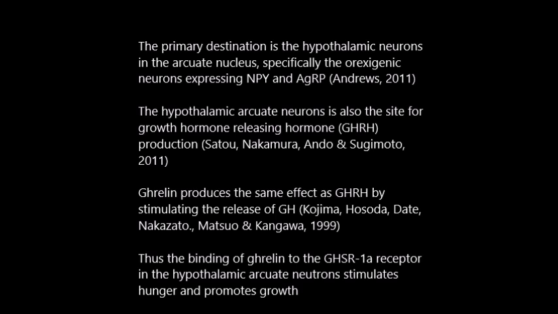Now, these hypothalamic arcuate neurons are also the same site for the production of growth hormone releasing hormone, which stimulates the pituitary gland to release growth hormone, which is a major endocrine hormone primarily responsible for growth. Ghrelin has been shown to produce the same effects as growth hormone releasing hormone on the anterior pituitary gland.